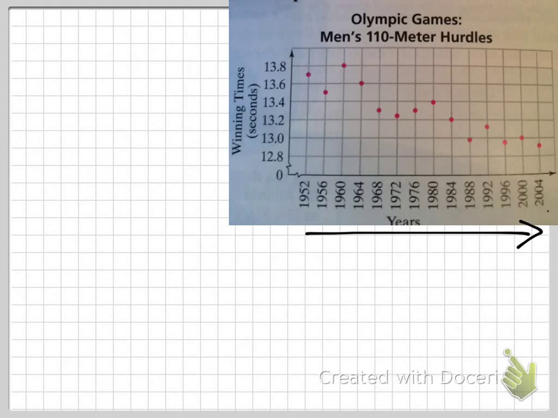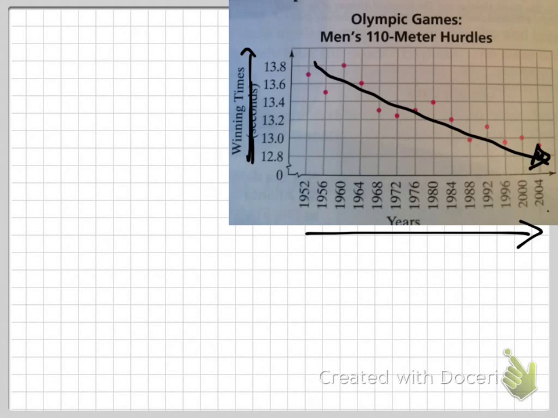Along the x-axis, we're going from 12.8 to 13.8. But as I go along this graph, I can almost draw a downward sloping line through this data, right? Most of those points fit along this line for the men's 110 meter hurdles.